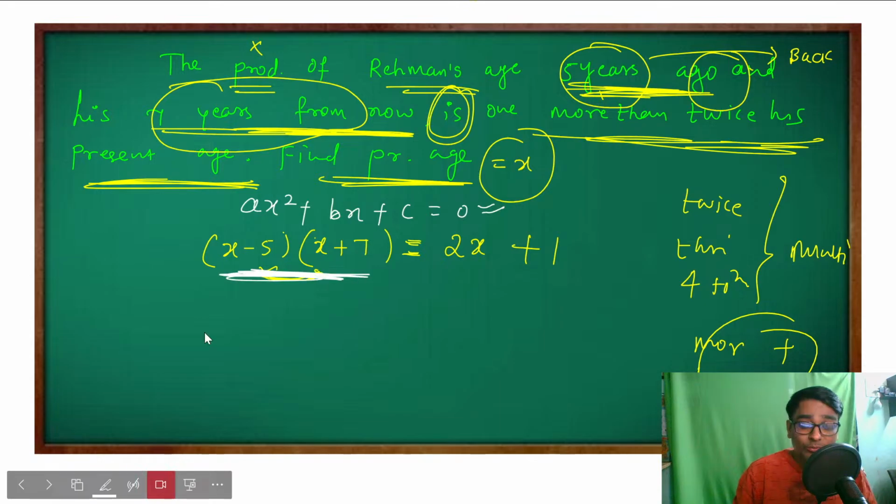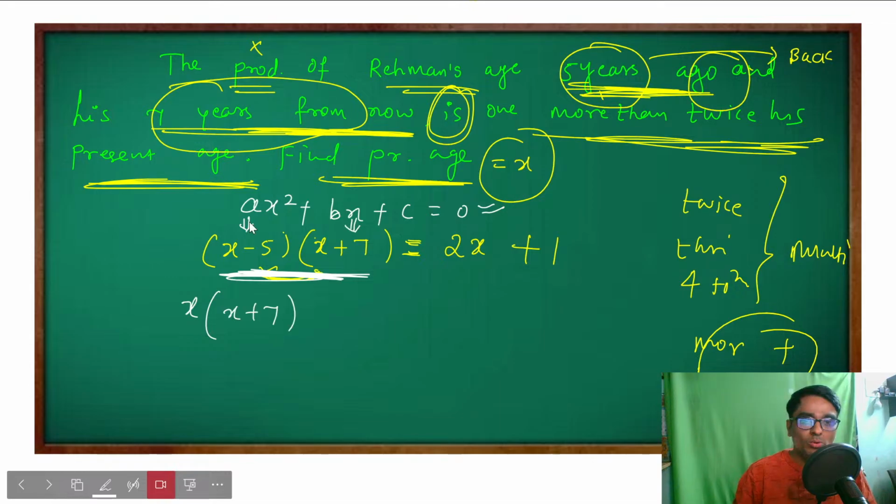You remember, in 8th standard I have taught you. Okay, let me do it once again. Take one term from the first bracket, which I am going to take, x. Then this is the second bracket, repeat this completely, x plus 7.